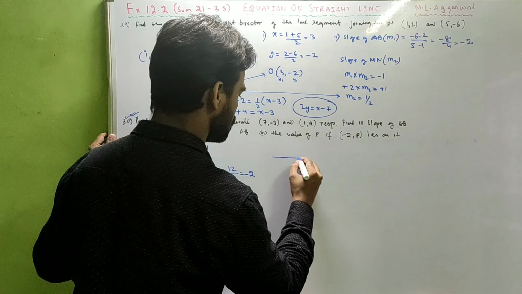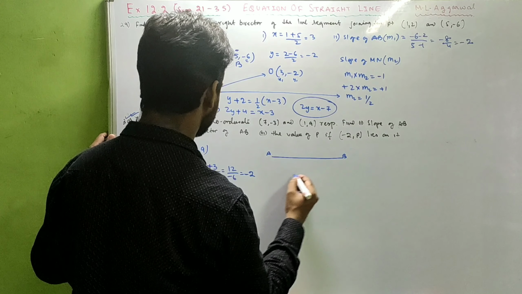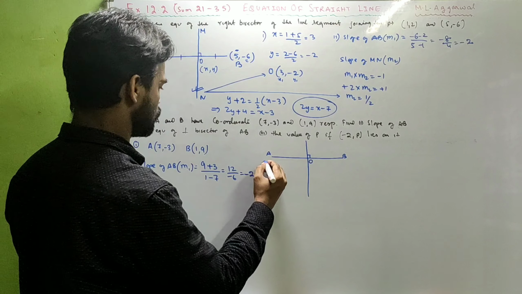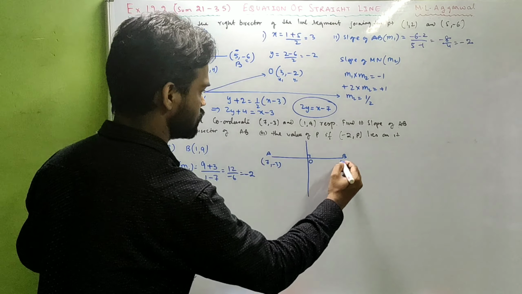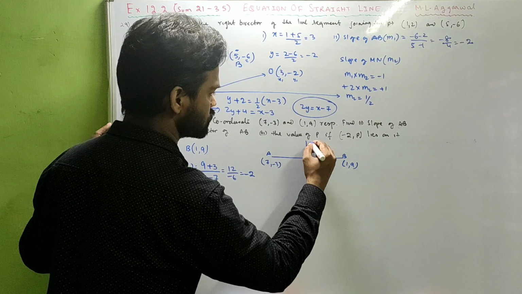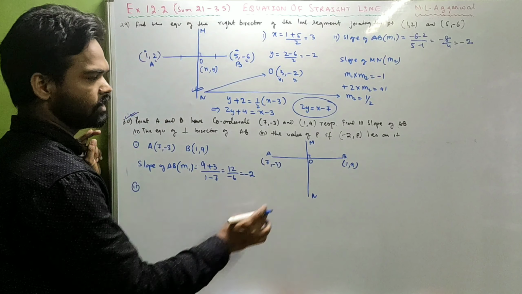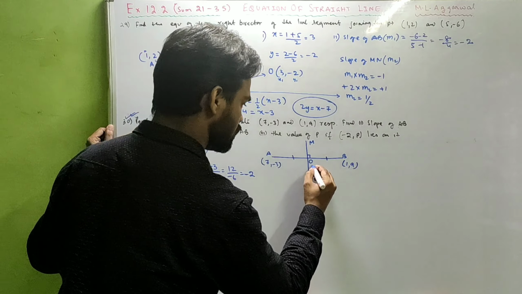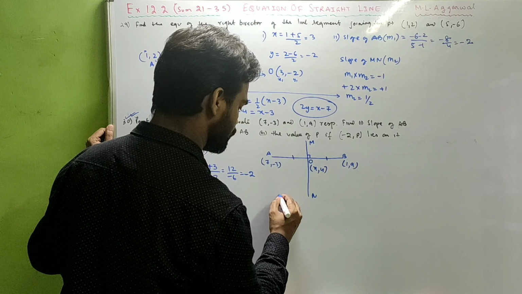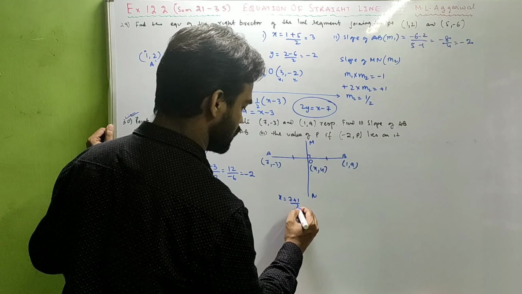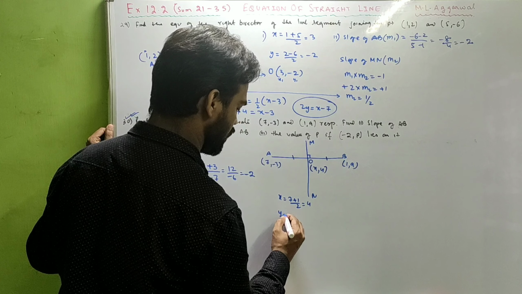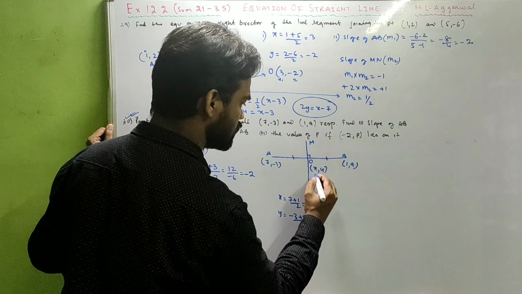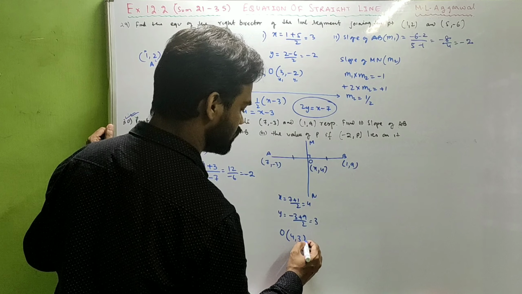We'll first find the coordinate of O. Suppose O is (x, y). So x is what? (x1 plus x2) by 2, that's 8 by 2, that's 4. And y will be (y1 plus y2) by 2, that's (minus 3 plus 9) by 2, 6 by 2, that's 3. Which means the coordinate of O is (4, 3).